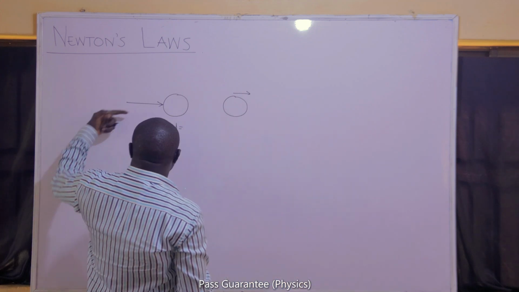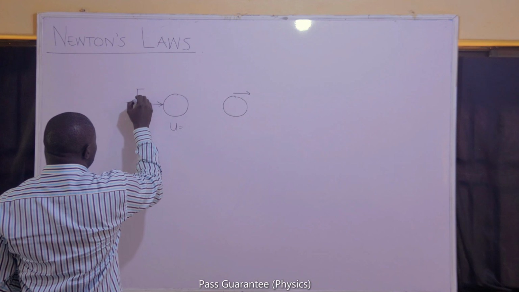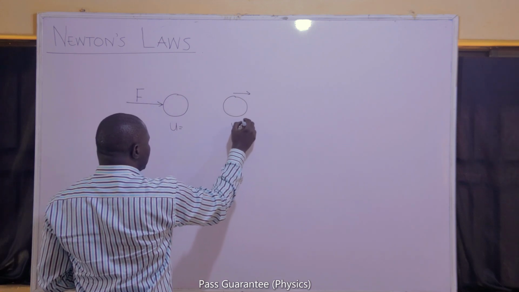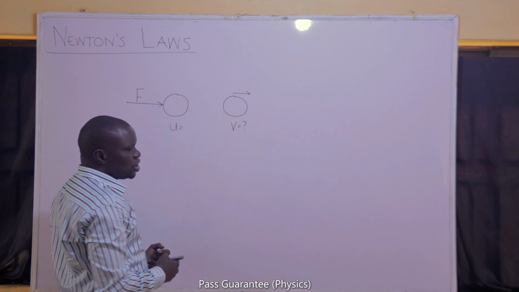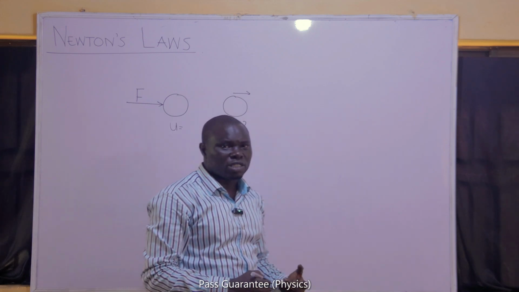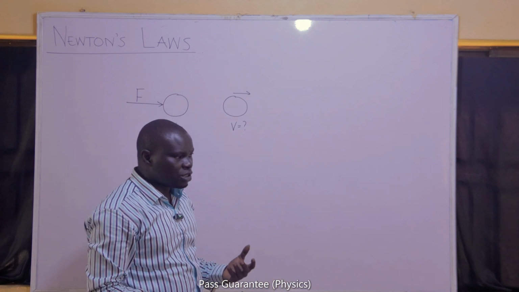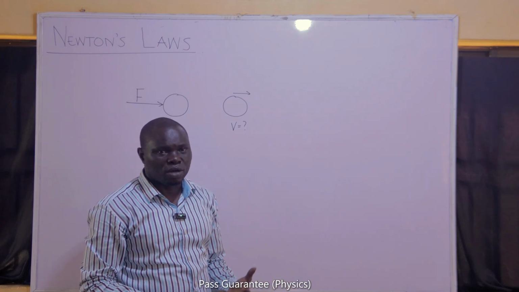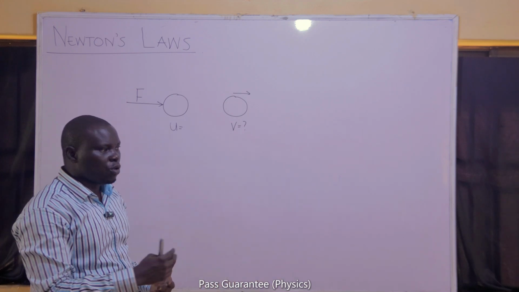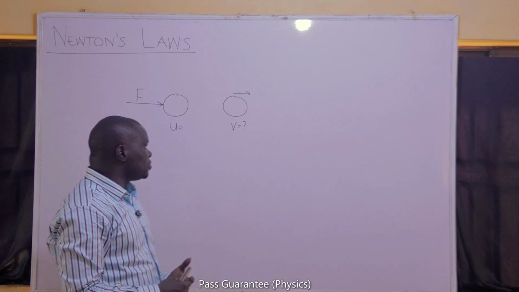By the time you exert a force on the object, let us call the force F, it will now have a new velocity because the momentum will change. The momentum will change not because there's a change in mass, but because there's a change in velocity. Change in momentum can either come from its mass or from its velocity, but in this case, it is coming from the velocity. The object will either move slower, faster, or will stop completely.